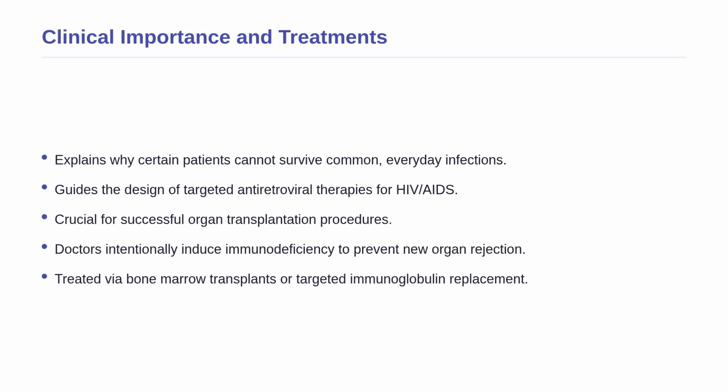Furthermore, this concept plays a massive role in organ transplantation. Doctors must intentionally induce a temporary state of immunodeficiency using specific drugs so that the patient's body does not reject the new organ. Ultimately, recognizing immunodeficiency allows clinicians to intervene with targeted therapies, giving vulnerable patients a chance at a normal life.